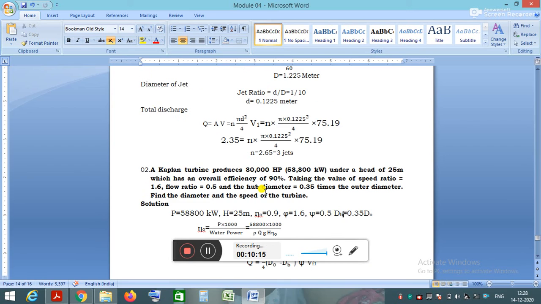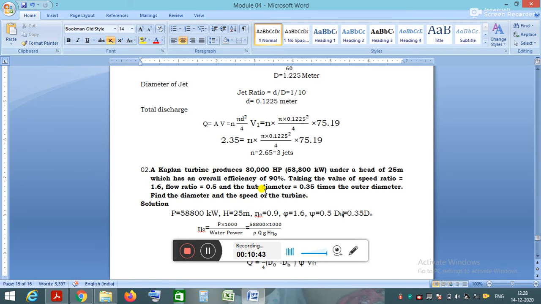Okay. The next problem is: a Kaplan turbine produces 58,800 kilowatt working under a head of 25 meter. It produces the same power as the Pelton wheel, 58,800 kilowatt, but it works under a head of 25 meter, and it has an overall efficiency of 90%.